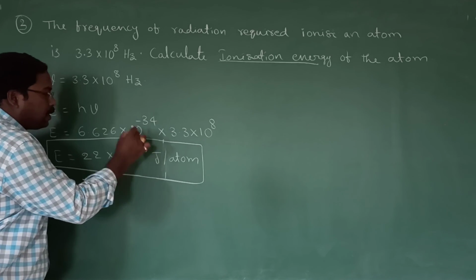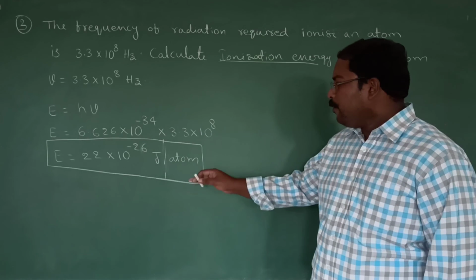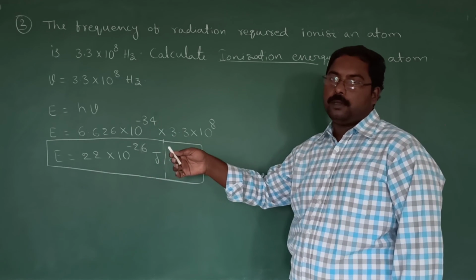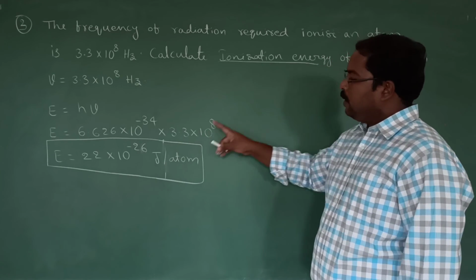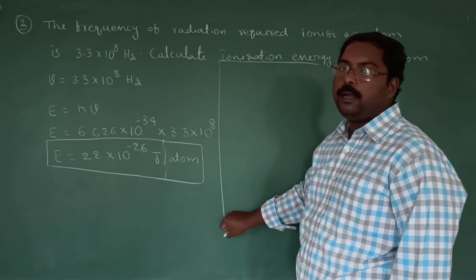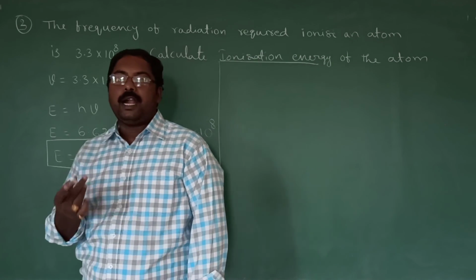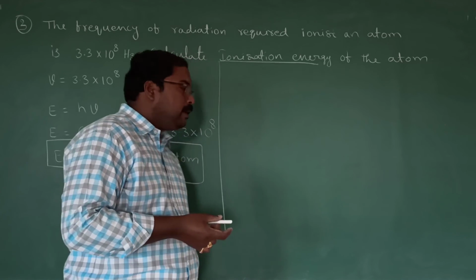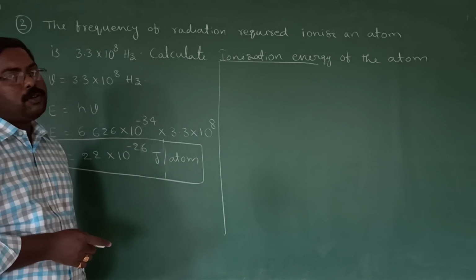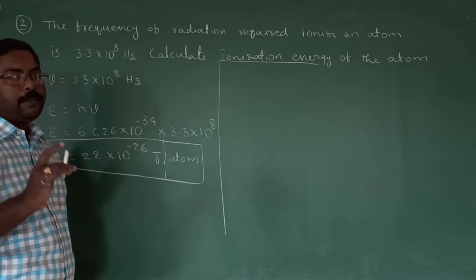Now, instead of giving the options per atom, if they give per mole, okay, for one atom this much energy is required. So per one mole, if you want, what do we need to do? Mole means how many? Avogadro number of particles, right? So the total energy should be multiplied with Avogadro's number, right? So that is one thing we need to remember.